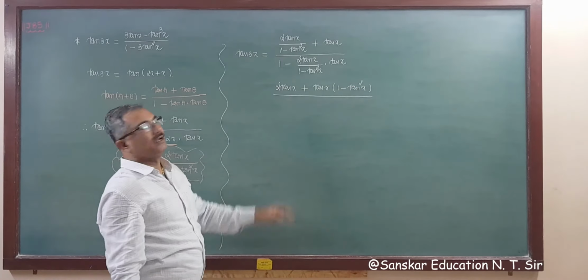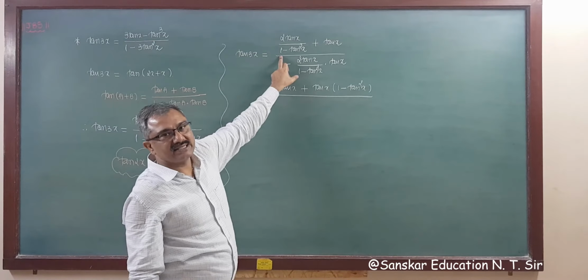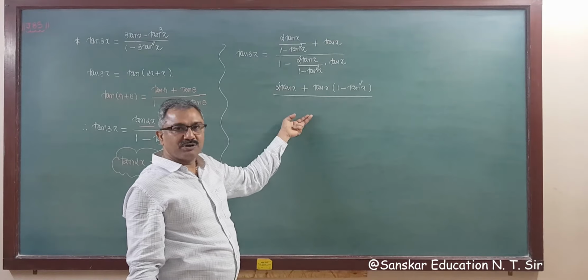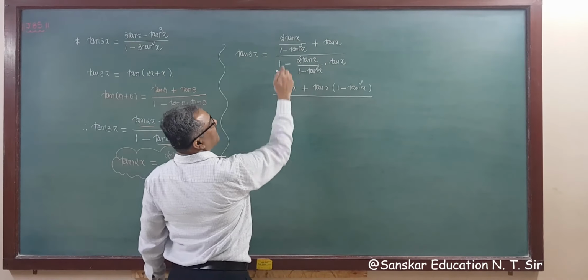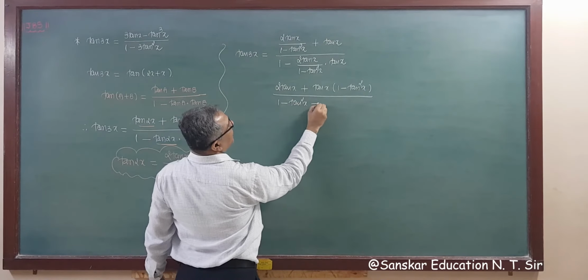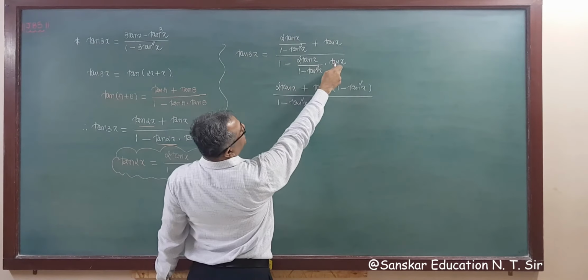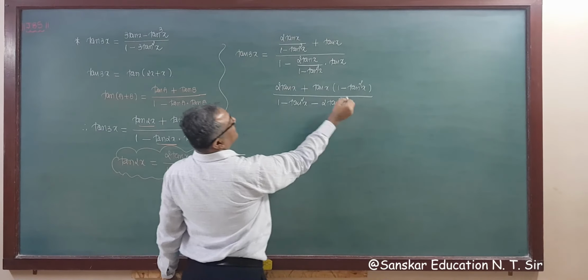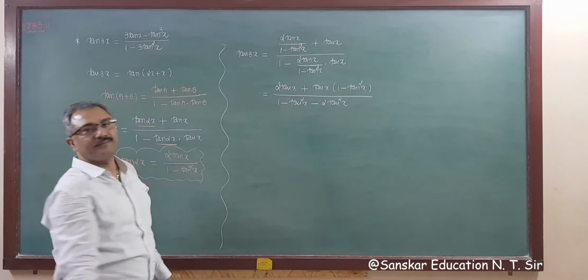Both numerator as well as denominator have the LCM 1 minus tan square x, so no need to write it in the denominator also because it will cancel. So 1 minus tan square x minus, this is 2 tan x into tan x, that is 2 times tan square x. This is your answer, right?